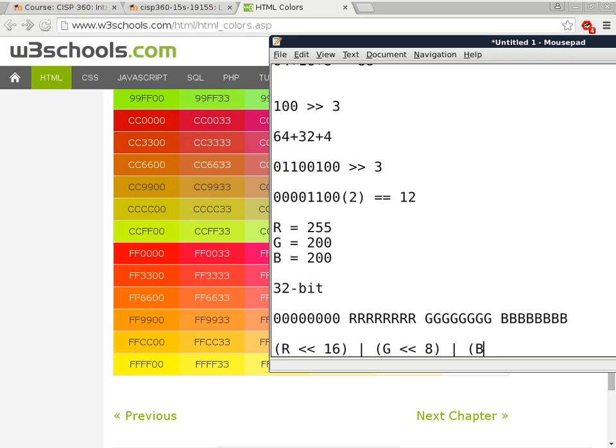And then the blue component is just the blue component because it is not going to be shifted in any way. So if you know ahead of time each individual being from 0 to 255, this is how you mix the R, G, and B together into a 32-bit integer that you can specify wherever a color is expected.